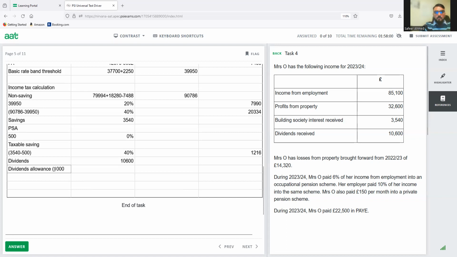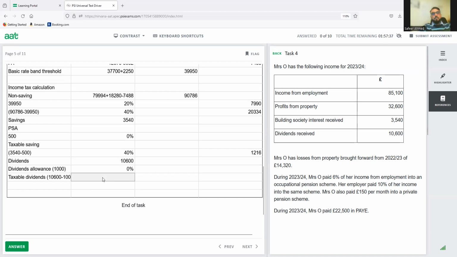The dividend allowance of 1,000 is available. So the first 1,000 of dividend will be taxed at 0%. For the remaining amount, I will write here taxable dividends. Taxable dividends, as you can see, will be 10,600 minus 1,000, which means 9,600.